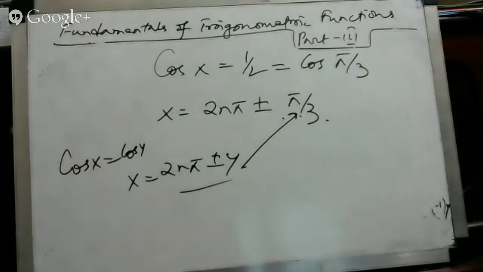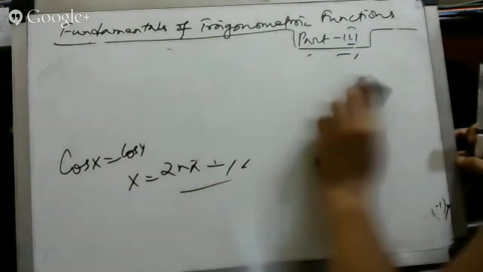Okay, so this covers the complete chapter of trigonometric functions. Now I will just touch base upon some examples here, just to explain how whatever we learned till now is being used.